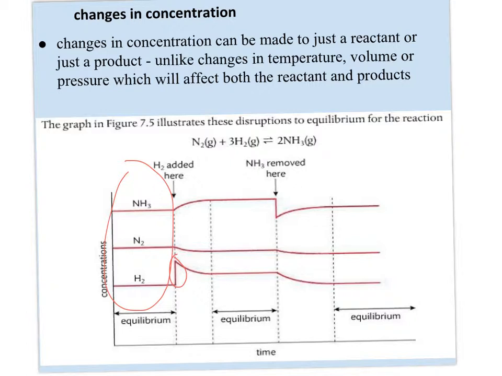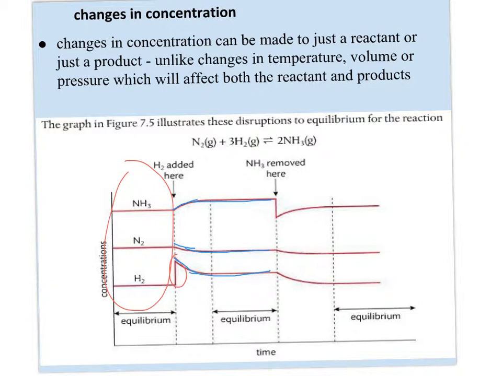And as soon as they do that, the H2 begins to decrease, as does the N2, because they are going to have more collisions with the increase in H2, and that means more product starts to form. Eventually you come back to equilibrium, and the N2 and H2 have different concentrations. The NH3 has a different concentration, but our Kc value will remain the same.